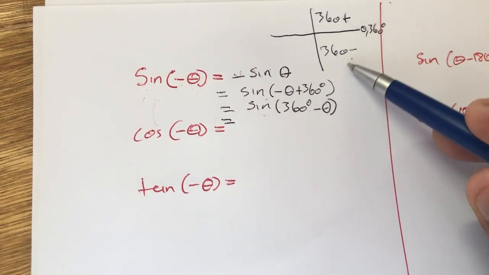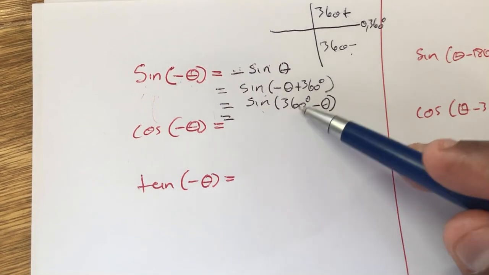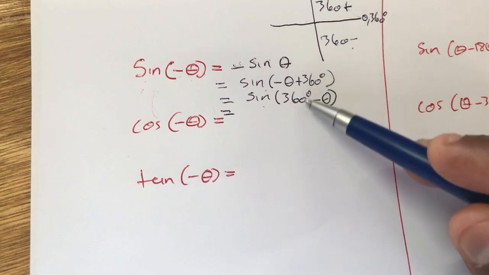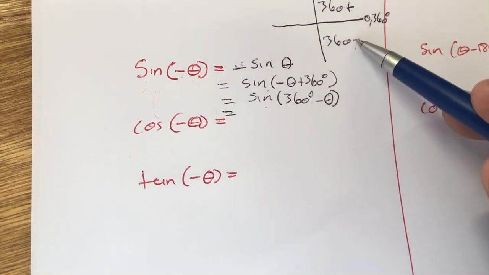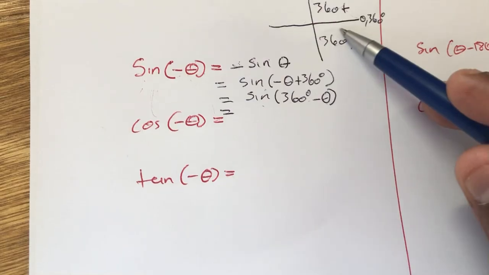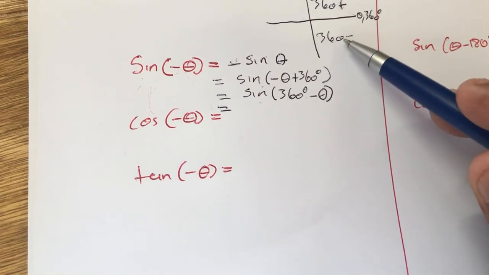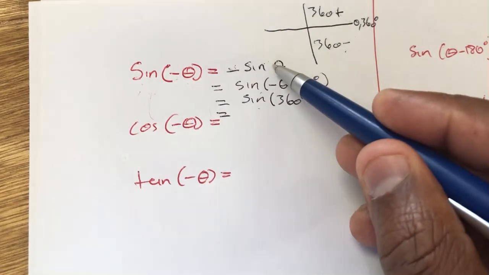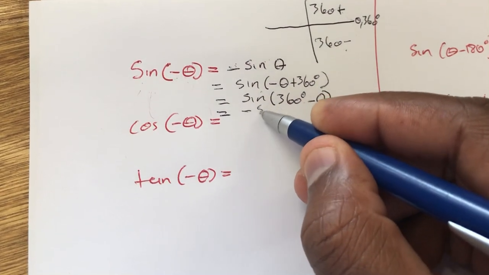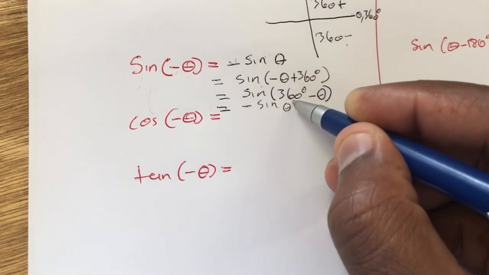So it means that sine 360 minus theta lies here in the fourth quadrant. Therefore, now you can conclude by saying, our sign here is negative, only cos is positive. That's why your answer is negative sine of theta.